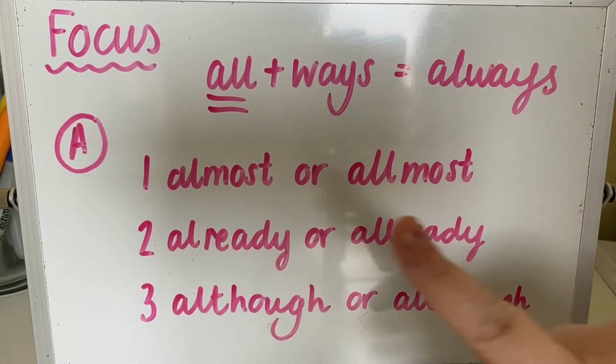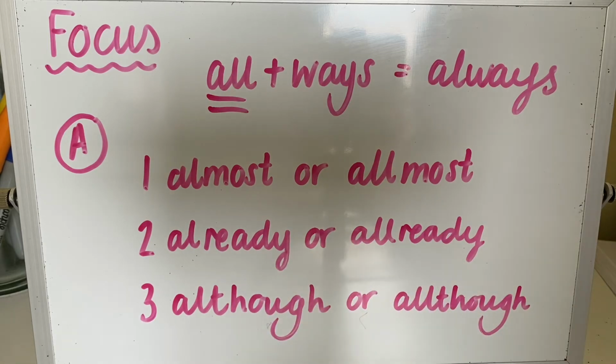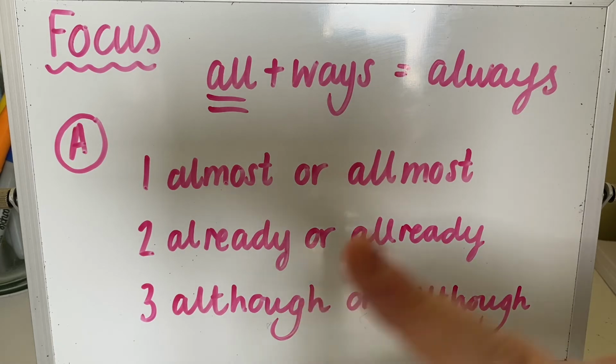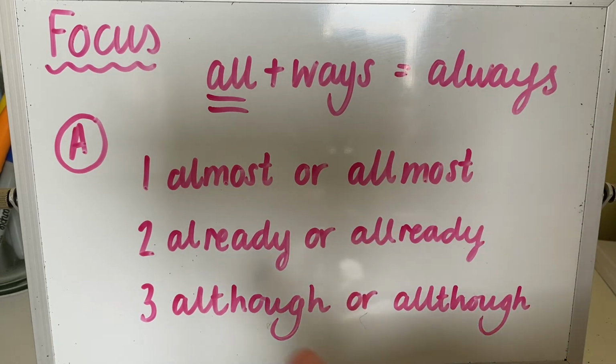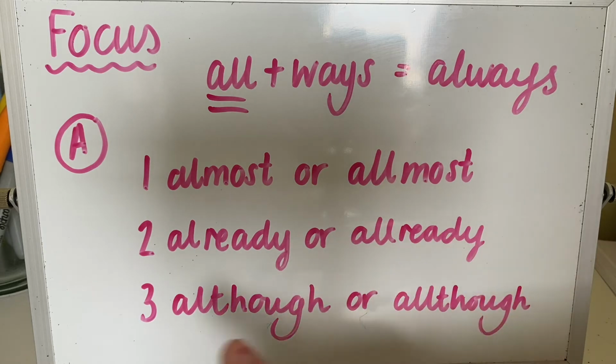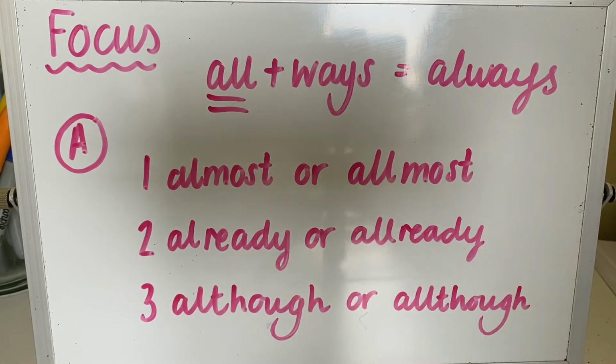And looking at these words, you can see the options provided: almost or almost, 1L, 2L. Same for already, in 2 L's and already. And same for although and although with 2 L's.